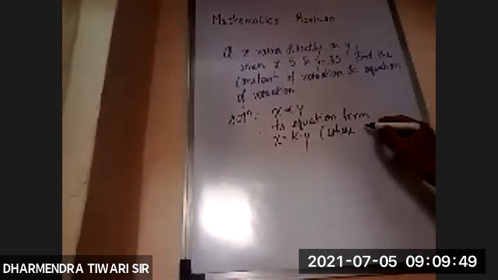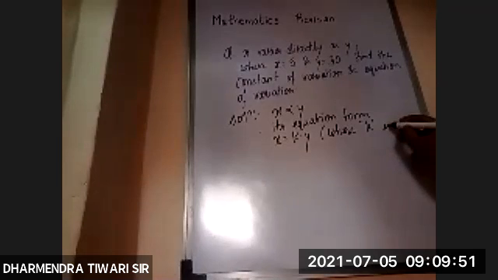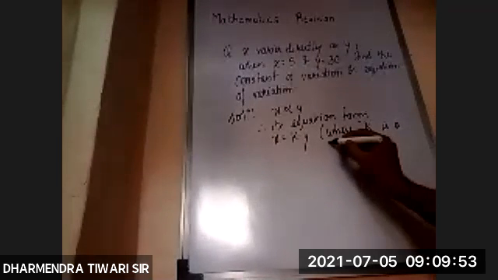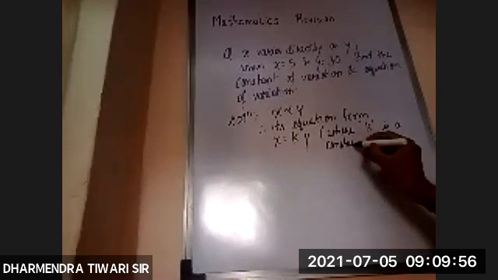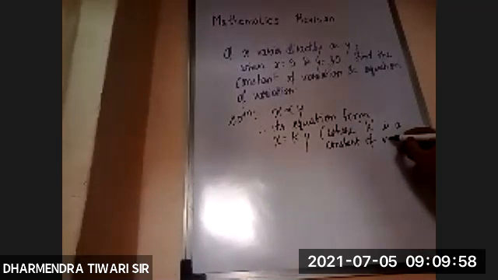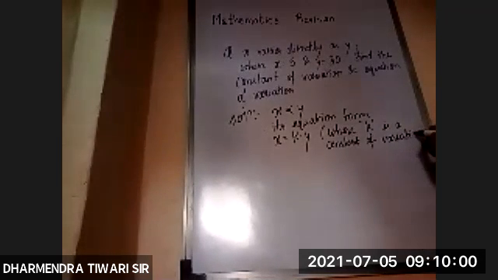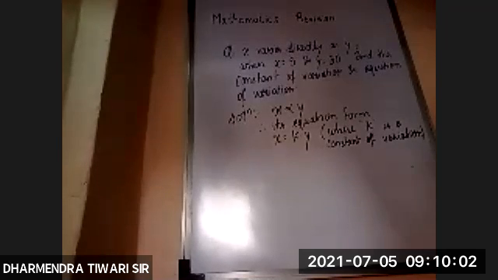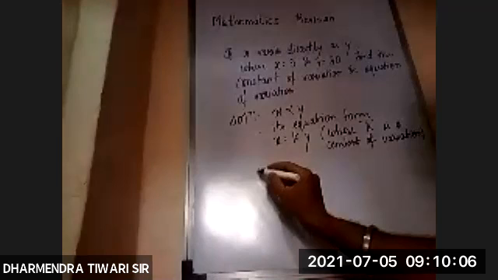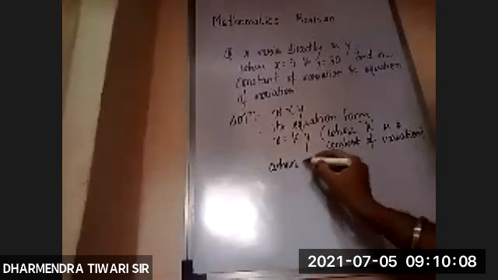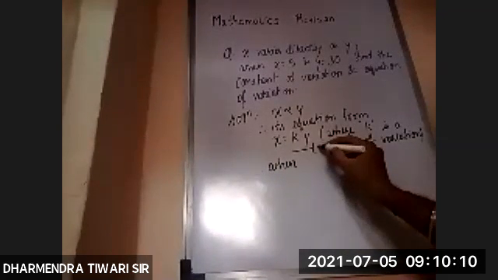Where k is a constant of variation. Therefore, you can call it equation number 1.